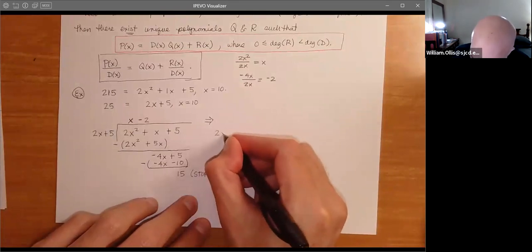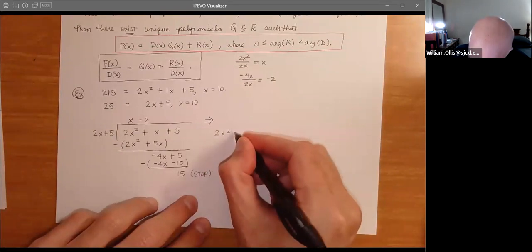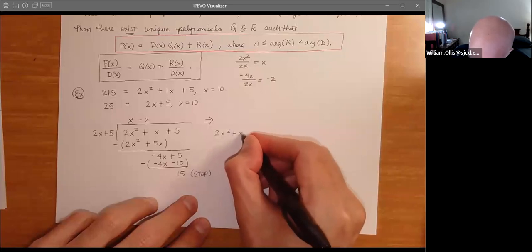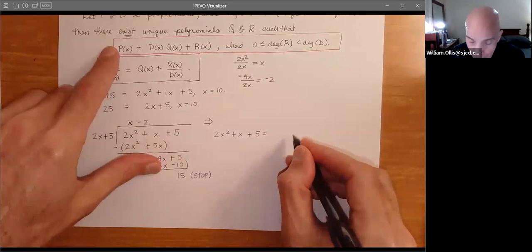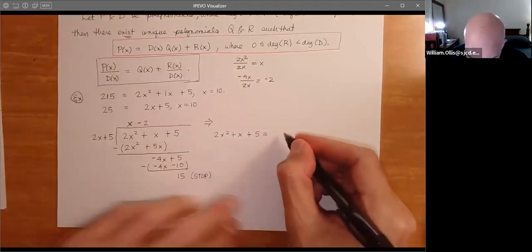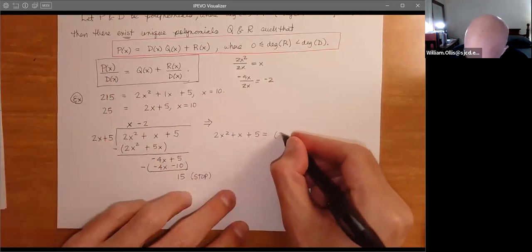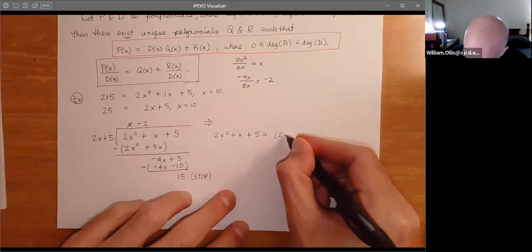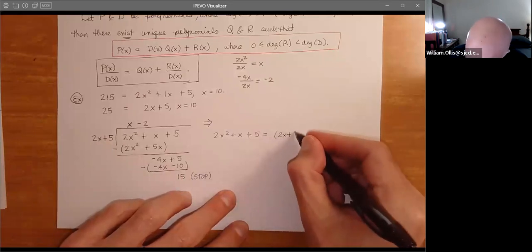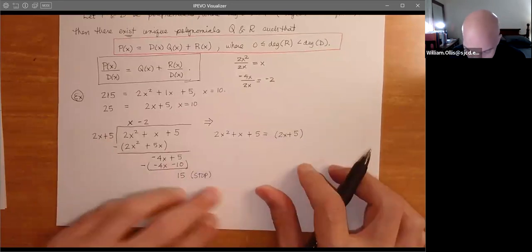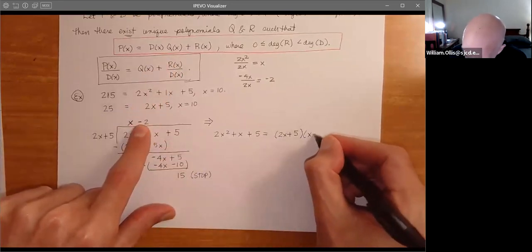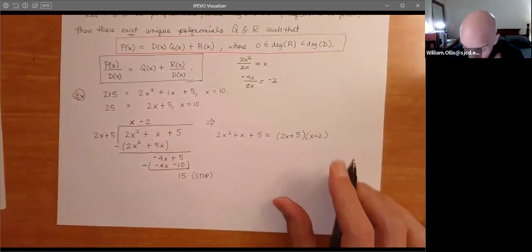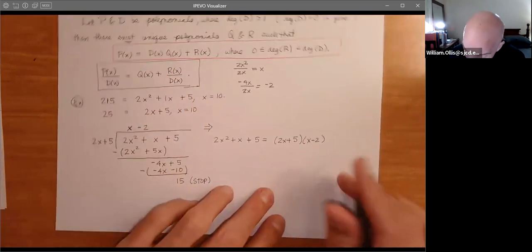So we have 2x squared plus x plus 5, that's the p, equals the divisor 2x plus 5 times the quotient x minus 2, and then plus the remainder plus 15.